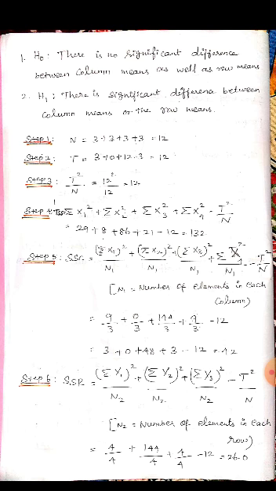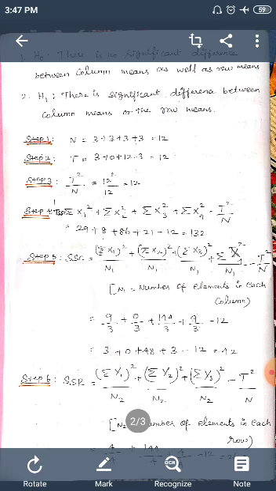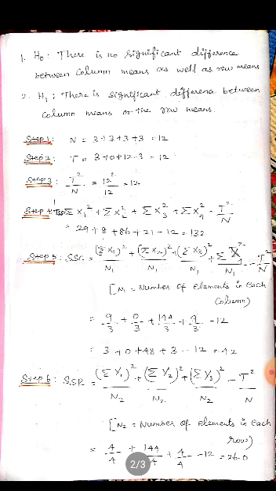Then step 4 is TSS, the total sum of squares. From the table, it is summation x1 square plus summation x2 square plus summation x3 square plus summation x4 square minus CF, the correction factor from step 3. Just substitute and you get the TSS value. Then step 5 is the sum of squares of the columns.